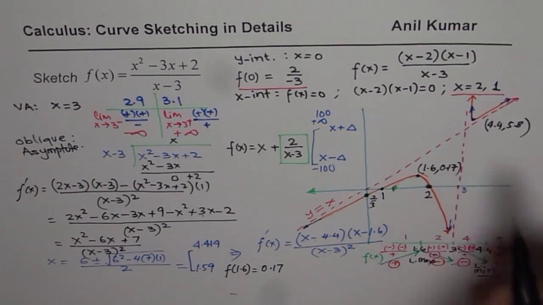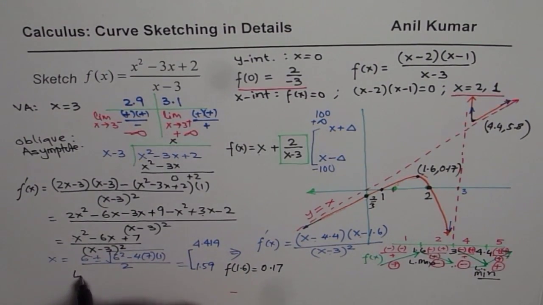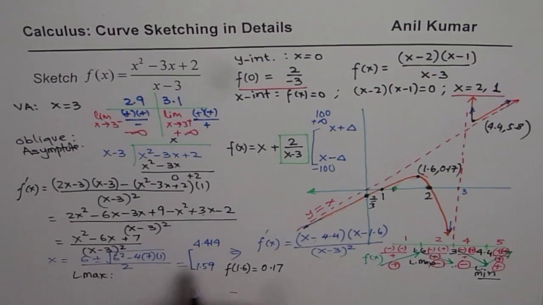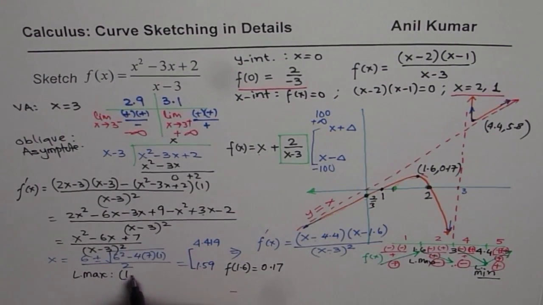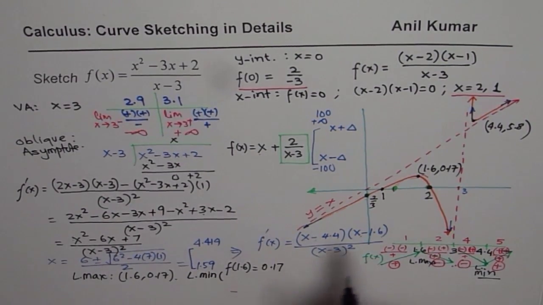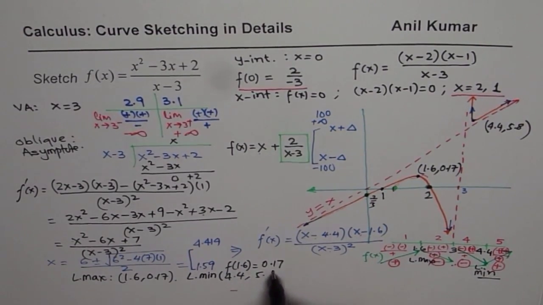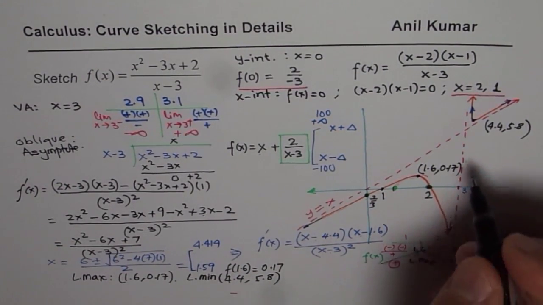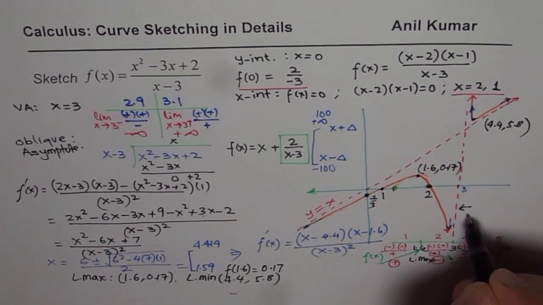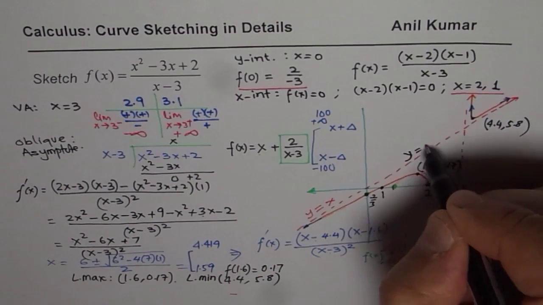Now that completes our graph. So what we have here is a local maximum at approximately 1.6, where the value is 0.17. A local minimum at 4.4, with a minimum value of 5.8. And we have a vertical asymptote at x equals 3, and an oblique asymptote y equals x.